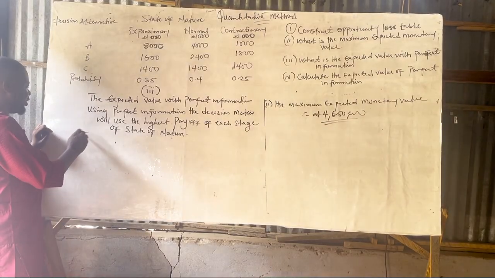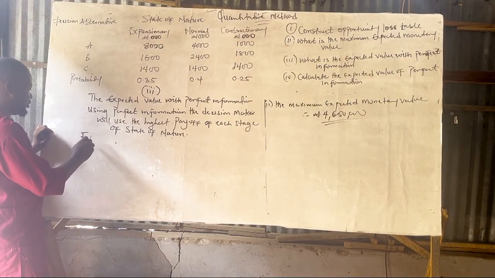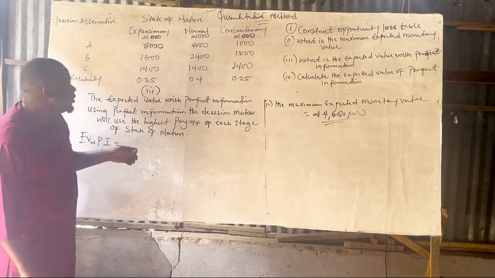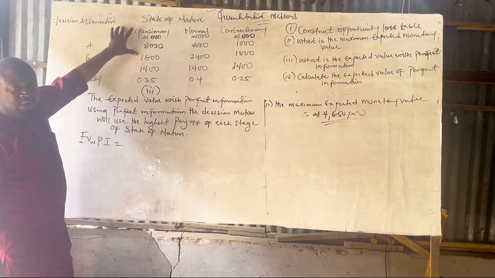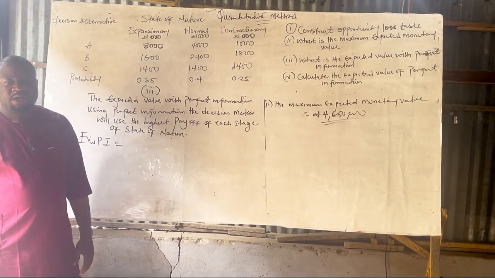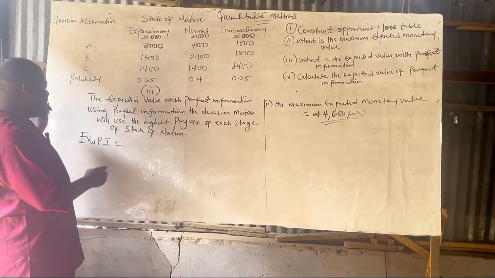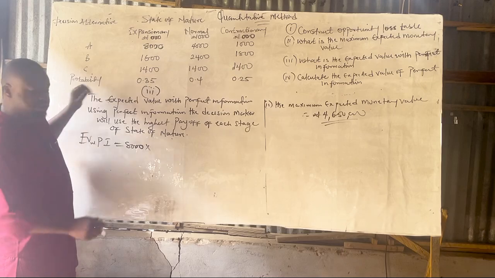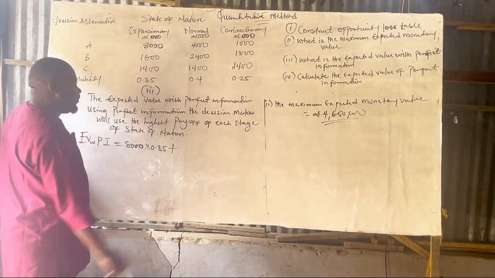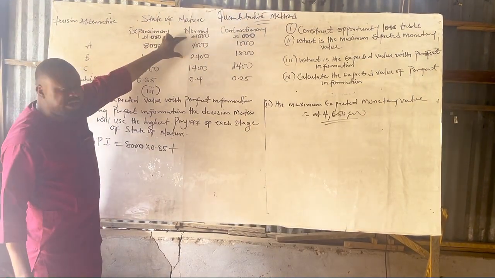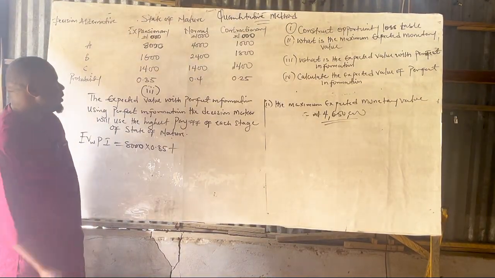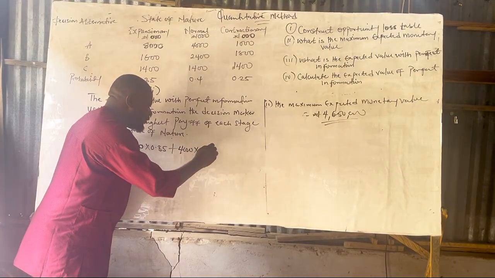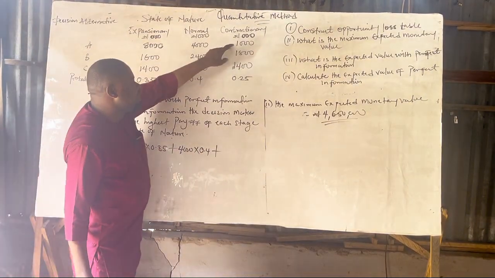So expected value with perfect information will now be equal to, in your first state of nature, what is the highest payoff here? We'll pick that one. 8,000. That's the perfect information. 8,000 times 0.3. Plus what is the highest payoff in this state of nature? So that will be 4,000 times 0.4, plus what is the highest payoff here?